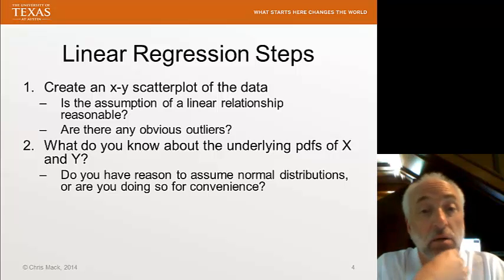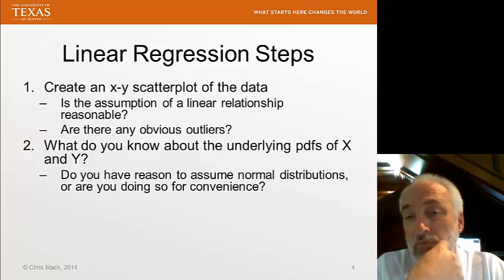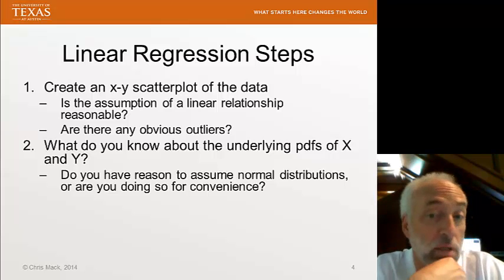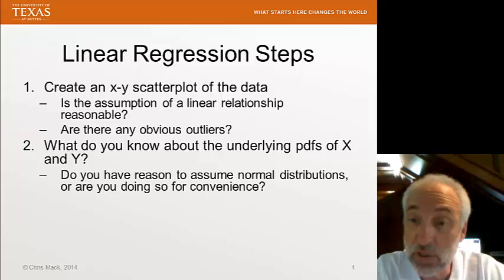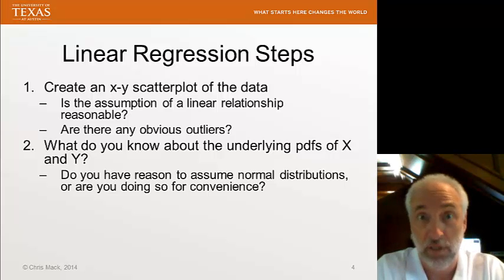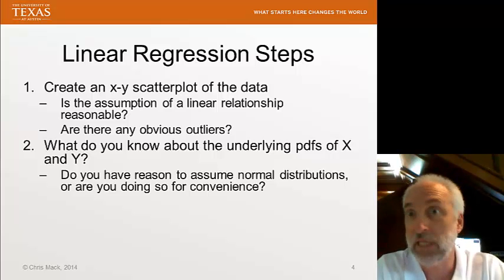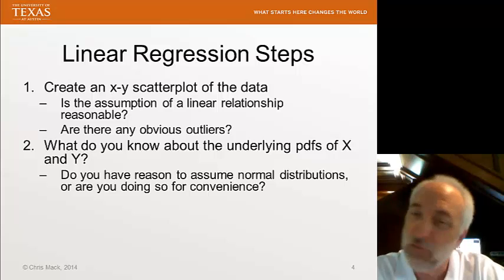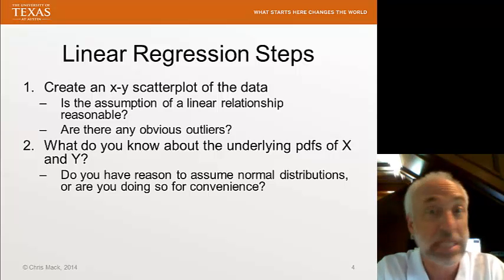Then, what do you know about the underlying probability density functions of random variables x and y? Do you have a reason to assume that they're normal distributions? Or are you just making that up? Our MLE estimator assumed they are, so I'm just going to assume they are. Well, if you don't have any reason to assume they're normal distributions, they might not be.